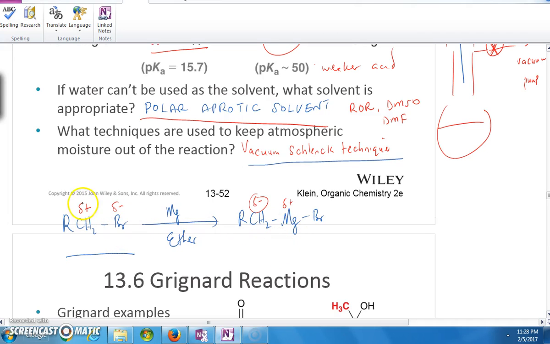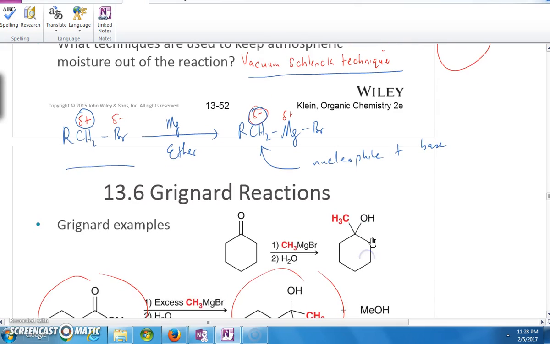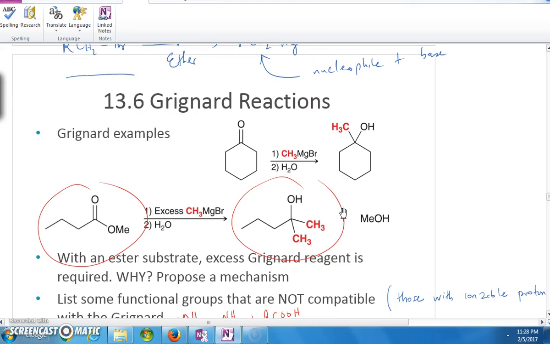And so you have transformed an electrophilic carbon to a nucleophilic carbon, which serves as both a nucleophile and a base. So Grignards act as both nucleophiles and great bases.